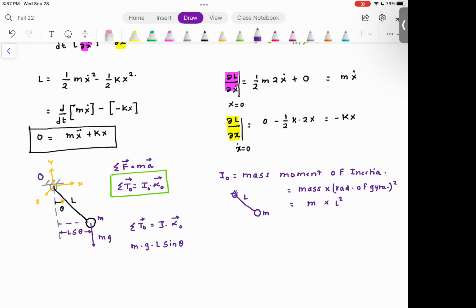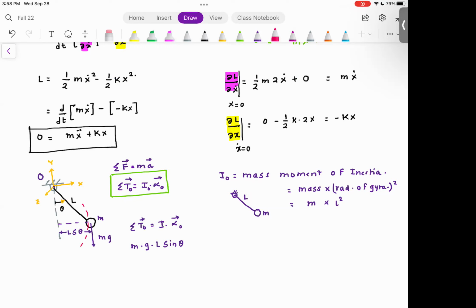Now, is this torque positive or negative? Curl your fingers in the direction of the torque. Your thumb is opposite to the positive z direction. Do you agree with me? Which means this torque is negative.